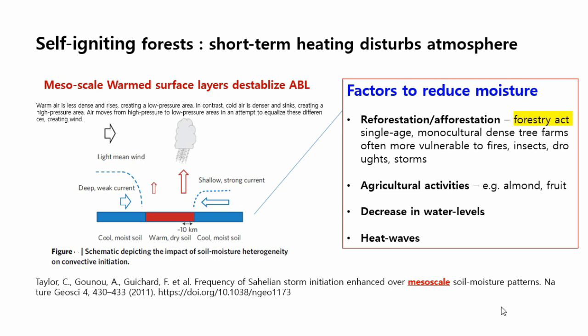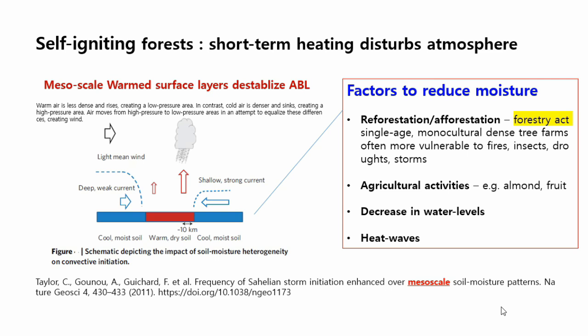At the same time, they are unlikely to sequester more carbon, because we already talked about the relationship between soil moisture and carbon uptake efficiency. The current Forest Act and forest management cultivate single-age monoculture, dense tree farms, and they make forests more vulnerable to fires, insects, drought, and storms.